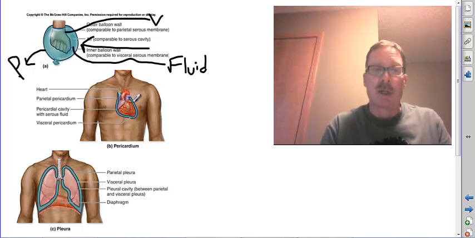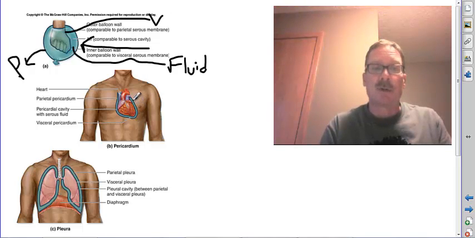Here you can see illustrated in the pericardial cavity is the pericardial membrane, the inner portion attached to the heart is the visceral pericardium. The outer portion anchored to the pericardial cavity is the parietal.